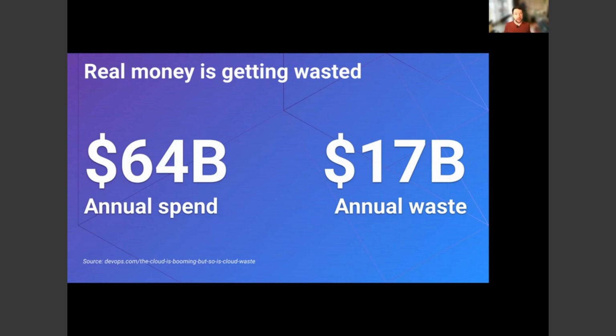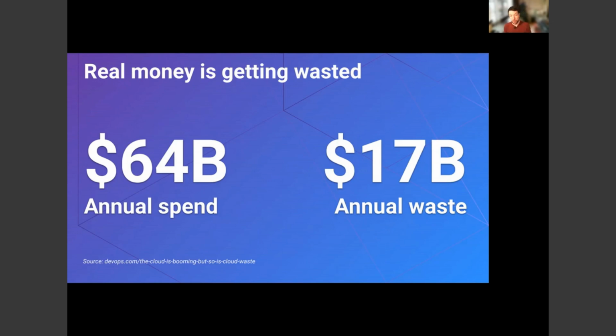I'm not trying to scare you. I'm not trying to be like, oh, we're throwing money into a fire and it's burning. We're not here to raise our emotions. We're here to look at this realistically and understand the scope of the issue, right? So that $64 billion of annual spend, approximately $17 billion wasted.